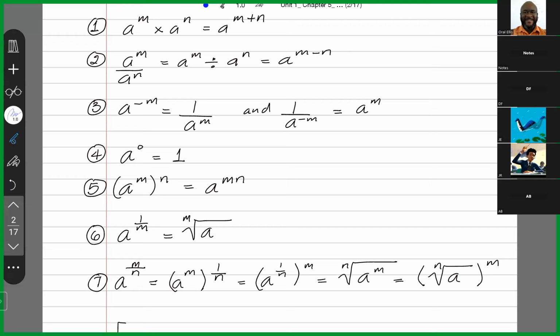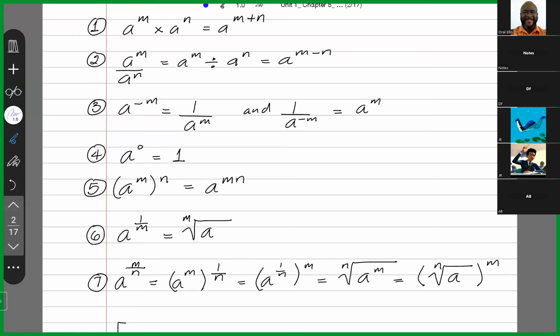All right, so while going through the list of laws, we didn't really mention the negative index. So that's law 3. If a base is raised to a negative index, the sign of the power can be changed by changing the position of the base.